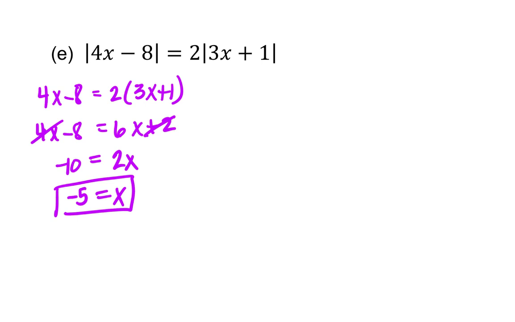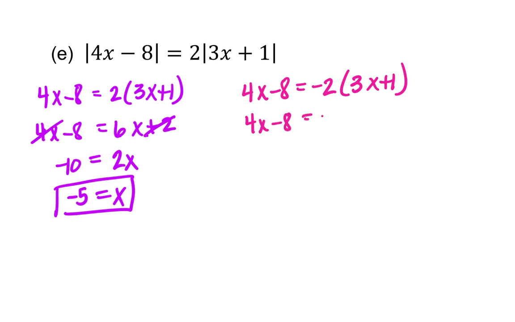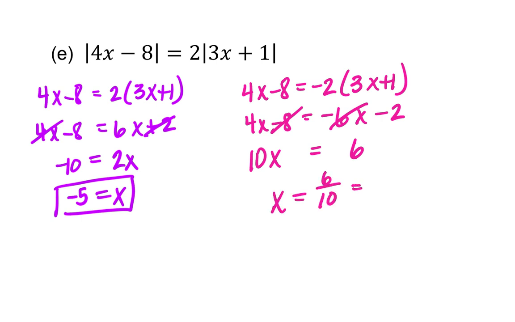And then I'm going to do the same thing with the negative. 4x minus 8 equals negative 2 times 3x plus 1. So 4x minus 8 equals negative 6x minus 2. Add 6x, I get 10x. Add the 8, I get 6. Divide by 10. X is 6 over 10, which reduces to 3 over 5.